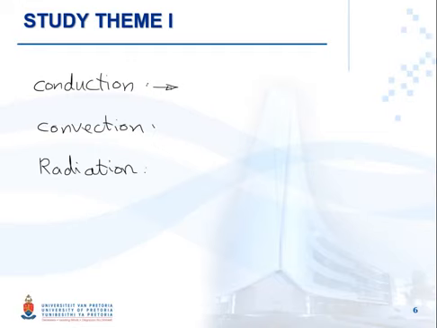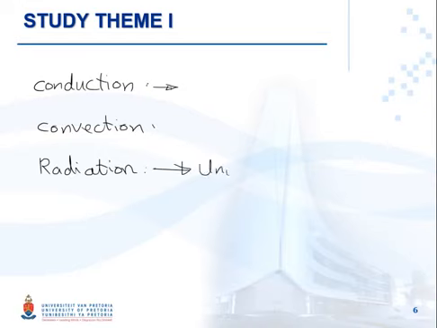Convection heat transfer was the movement of matter due to differences in density that are caused by temperature differences. And radiation is the transfer of energy by electromagnetic waves. All of you are familiar with these 3 concepts, but I would like to emphasize a very important piece of information here. Radiation is very unique compared to the rest of them.